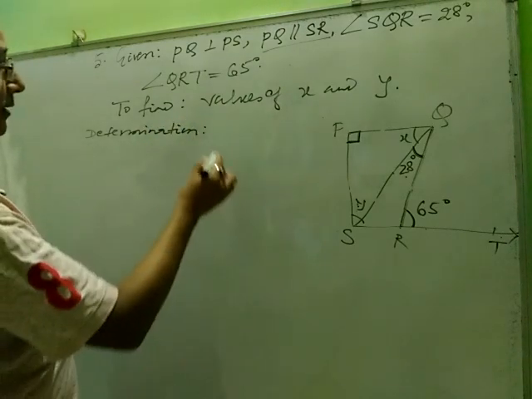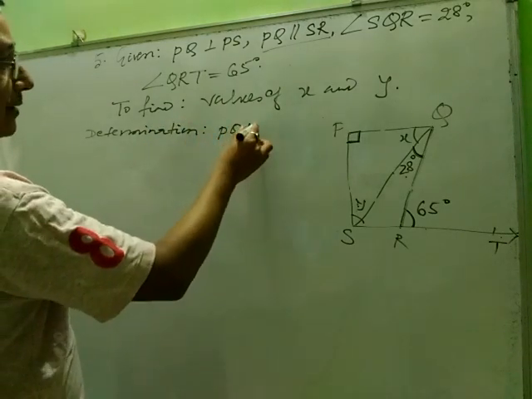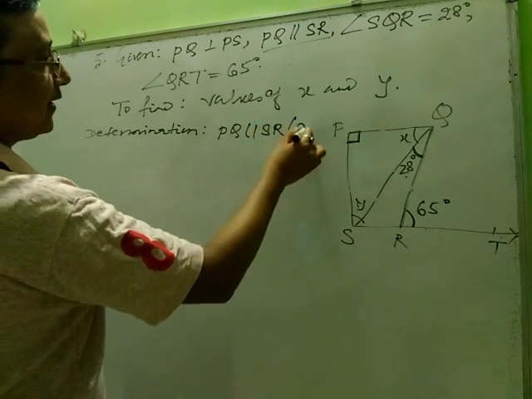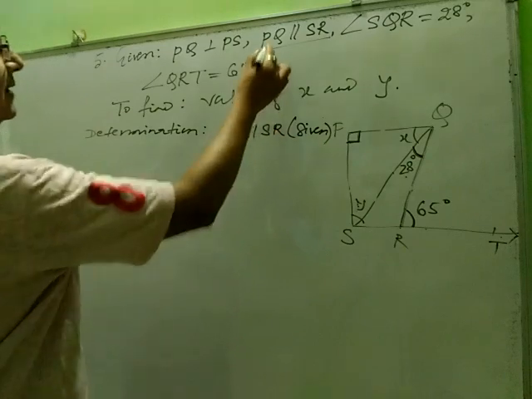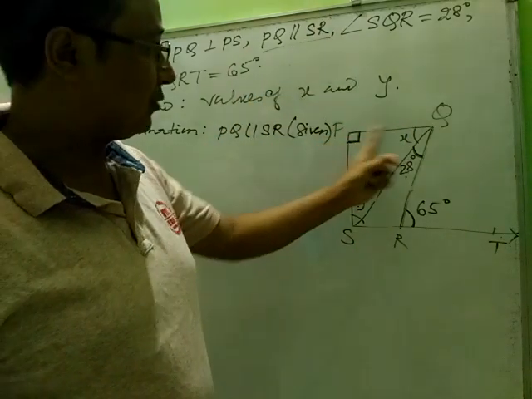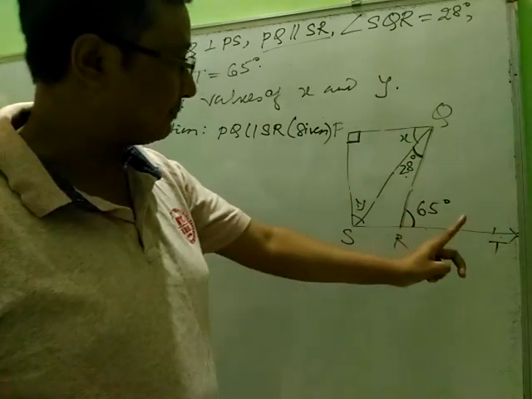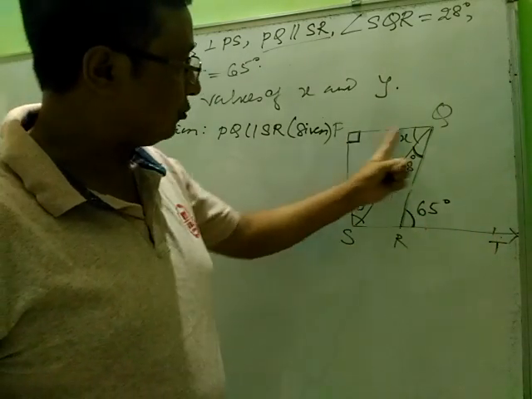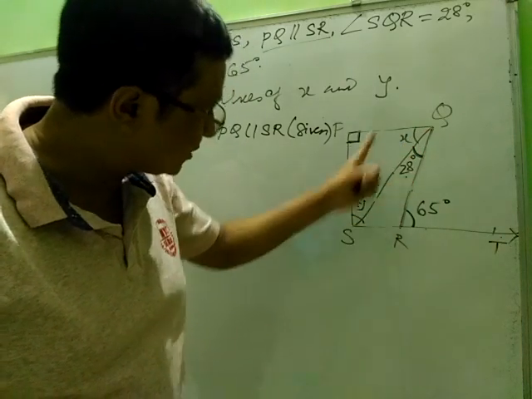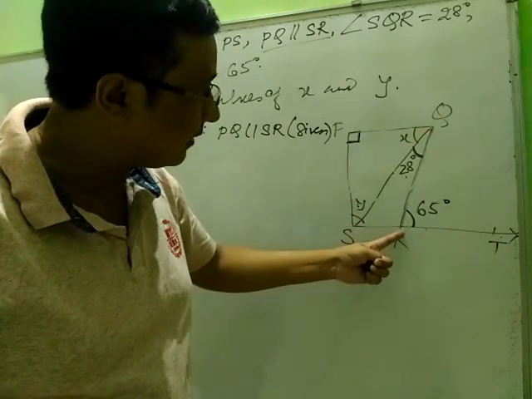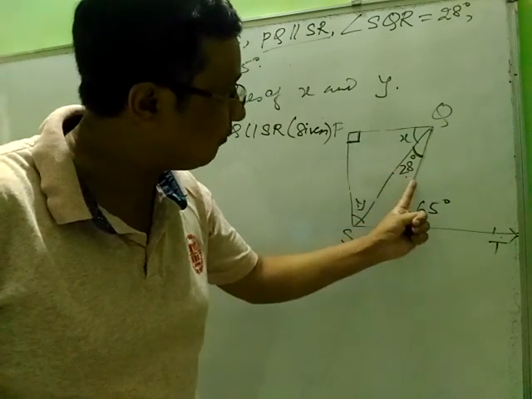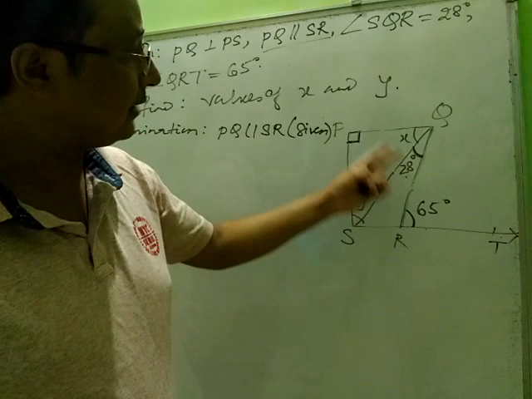So now here PQ is parallel to SR, so it is given. If PQ is parallel to SR, that means PQ is parallel to ST also. If these two lines are parallel, then this line intersects these two lines at Q and R, so these two angles are equal. Why? Because they form a pair of alternate interior angles.